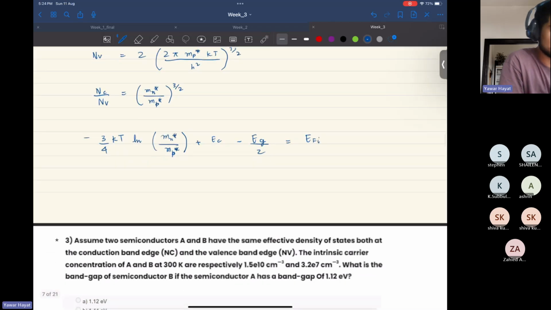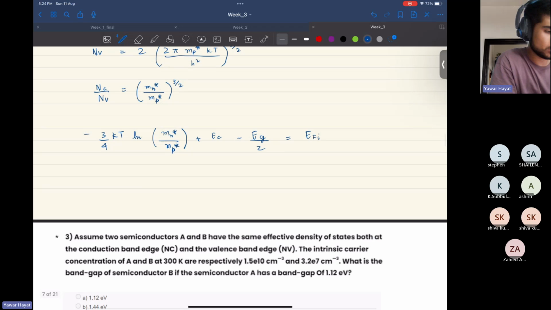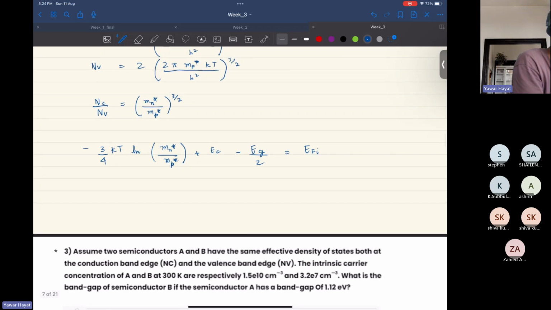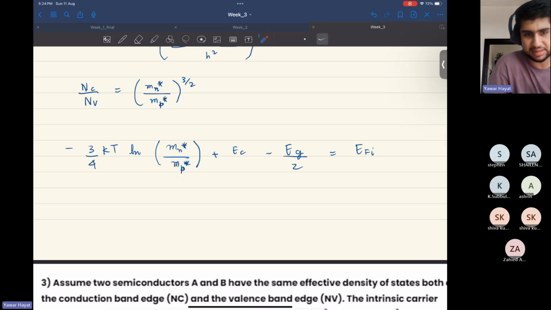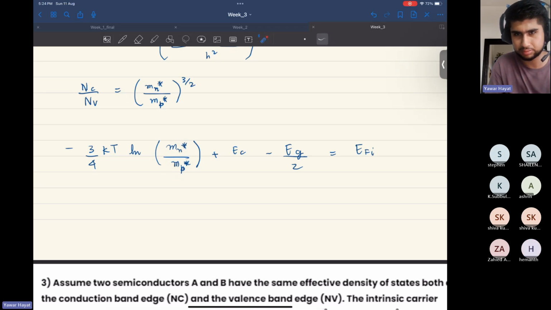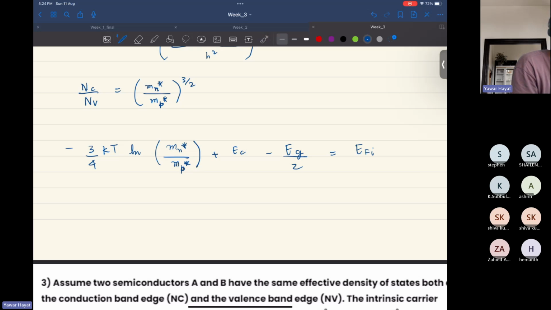So then when this mn star is equal to mp star, what will happen? When that happens, this will cancel out, and ln of 1 is 0, assuming the base is finite. So this will be 0. Let me just write this.